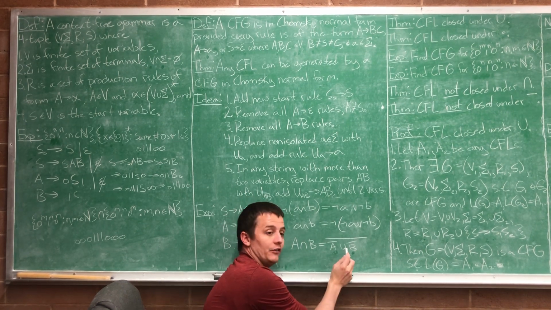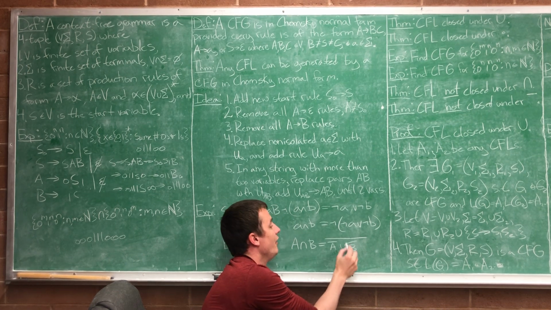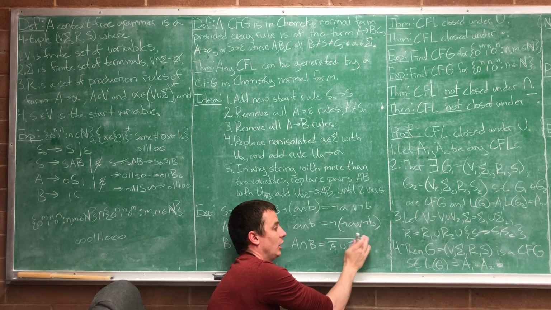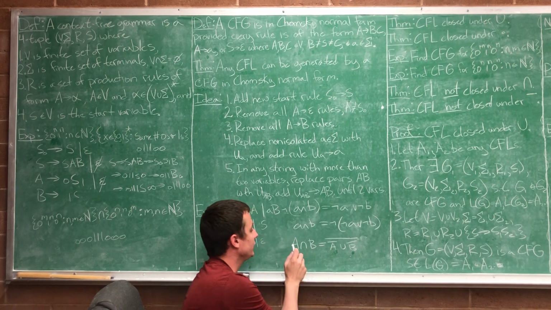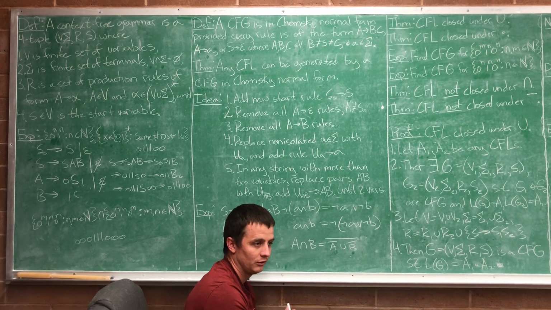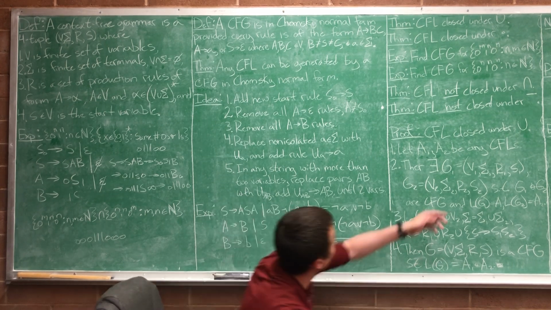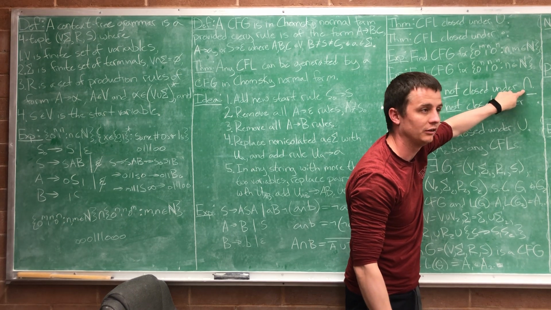We already proved that the union of context-free languages gives you a context-free language, and then if you take the complement of a context-free language, that would again be a context-free language. And so you would get that the intersection of two context-free languages is always a context-free language. That's not the case. We just barely proved this is not the case. Context-free languages are not closed under intersection.